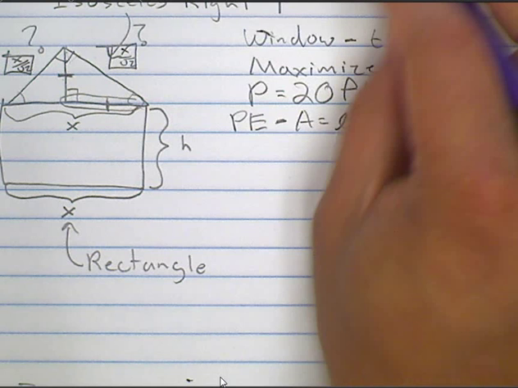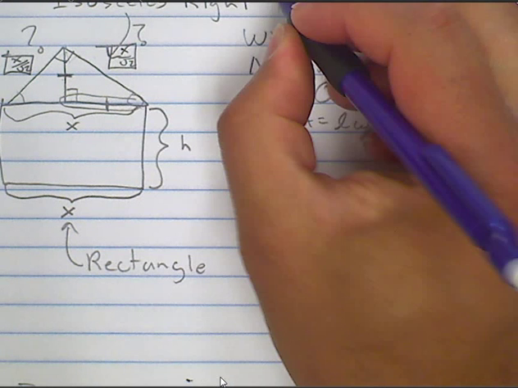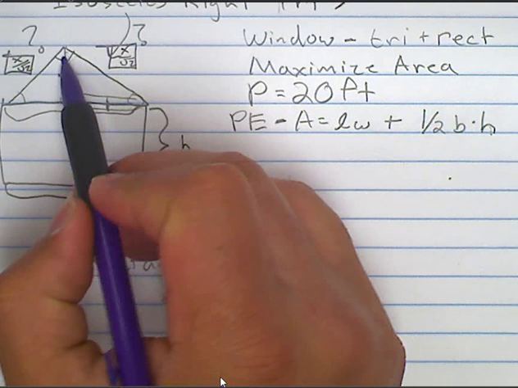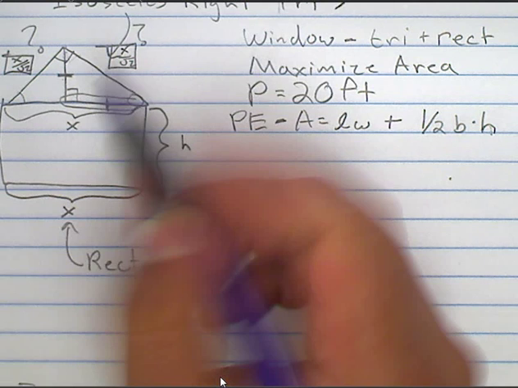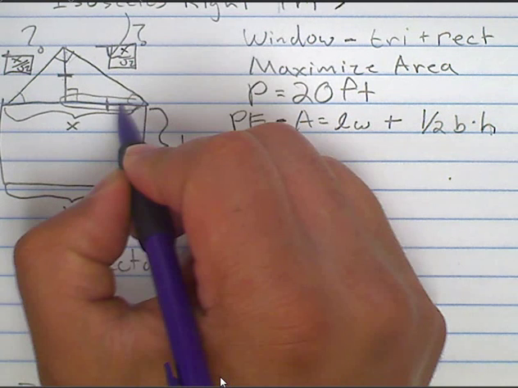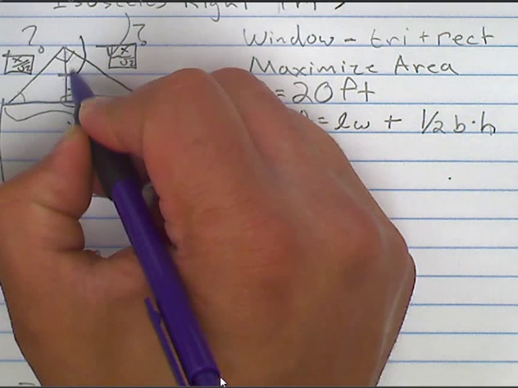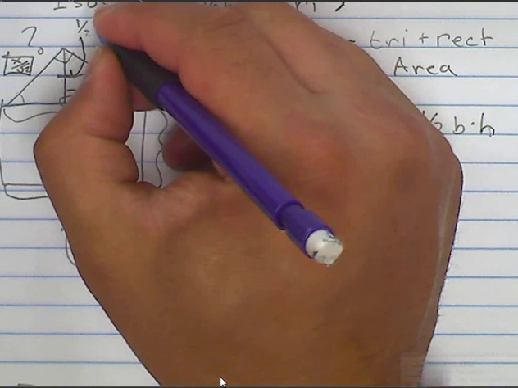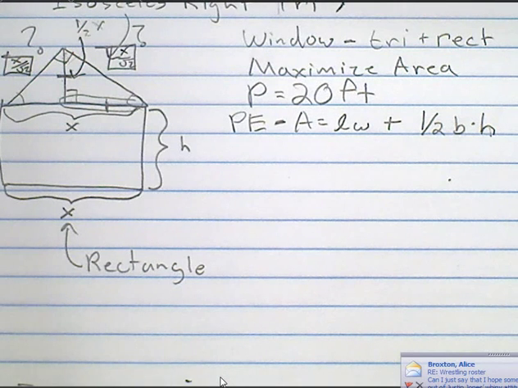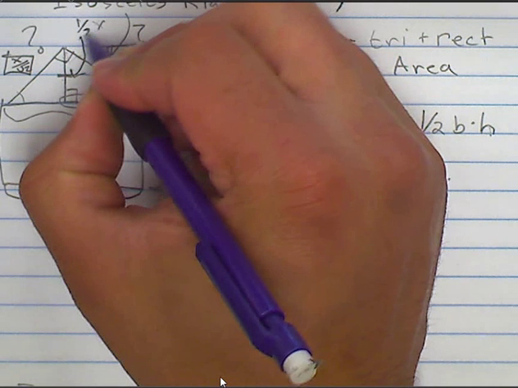My bad, guys. So that's 90, and the height would bisect it, causing it to be 45, 45, 90. So it's isosceles, so that's half of x. So 1/2 x would be the height of that triangle. Alright, my pencil's failing on me. Come on, pencil. Oh, there we go. So 1/2 x is the height.